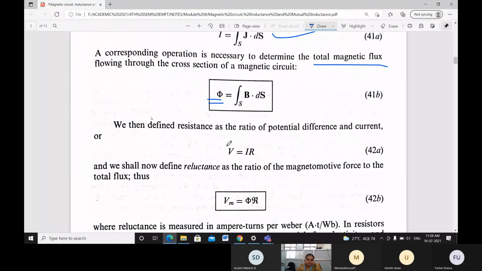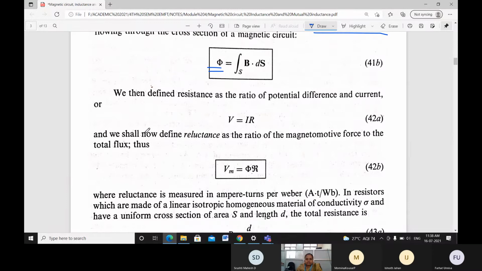Therefore, from Ohm's law, V equals I times R. Defining a reluctance as the ratio of the magnetomotive force to the total flux, the reluctance is taken as R, represented in a different style here.